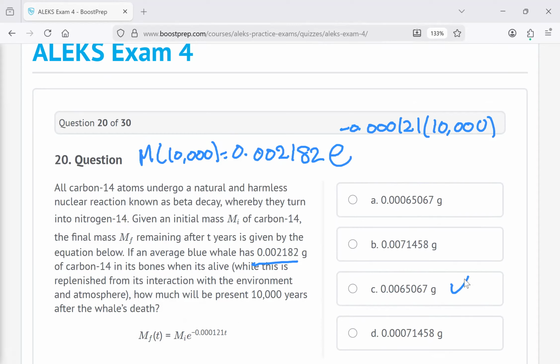Yeah, this one is the closest, so it's just letter C. So you just plug in your values. We know that our t is the time, and then Mi is your initial value, which was 0.002182 grams. Okay, well, that's it.